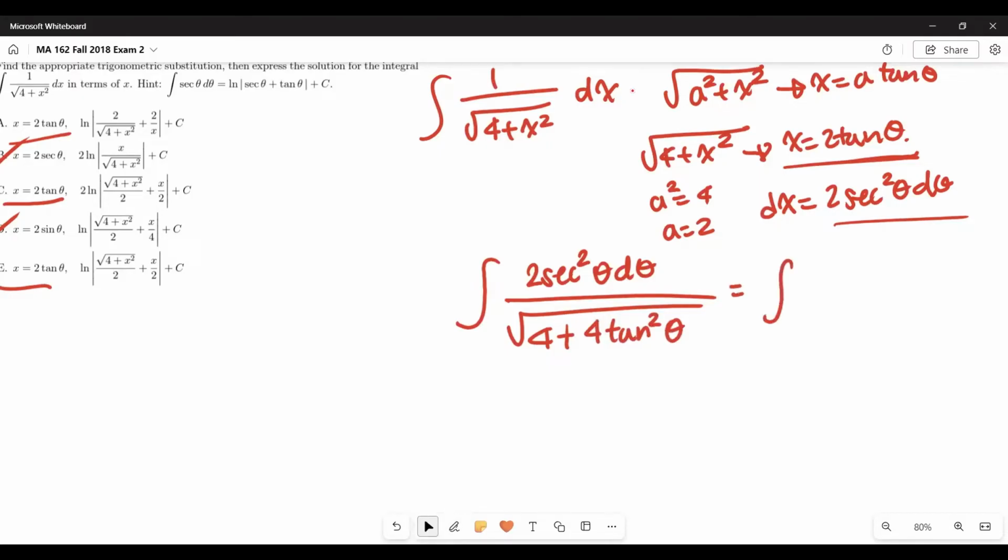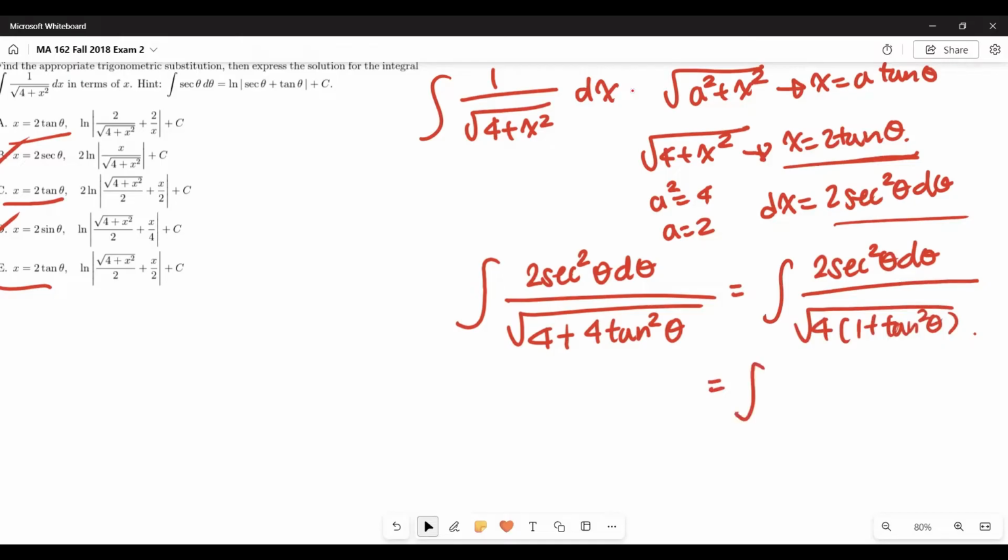You can group it: 2 secant squared theta d theta. You can group the square root of 4 plus 4 tangent squared theta as 4 times 1 plus tangent squared theta, right? So the square root of 4 is just 2, so it can come out of the square root, right? 2 secant squared theta d theta over 2 square root of 1 plus tangent squared theta.